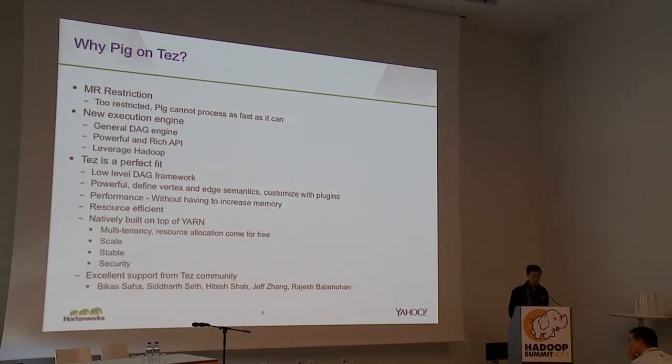However, when more and more workloads migrated to Pig, and more people depend on Pig to do their daily job, they request something more. They want Pig to be fast. However, with the restriction of the MapReduce API, Pig cannot process data as fast as it could. So we are looking for a new execution engine.